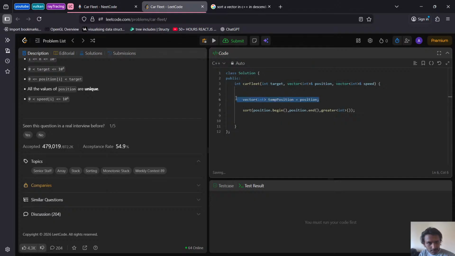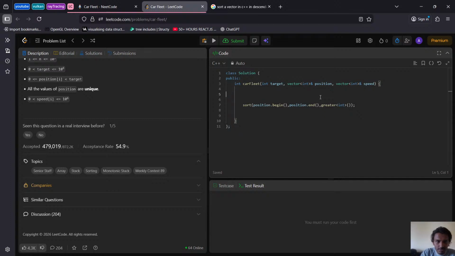Now, instead of doing this, we'll create a hash map with its position. For 0, its position is this, and we'll move through this.